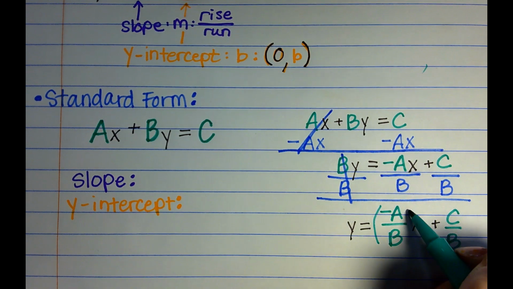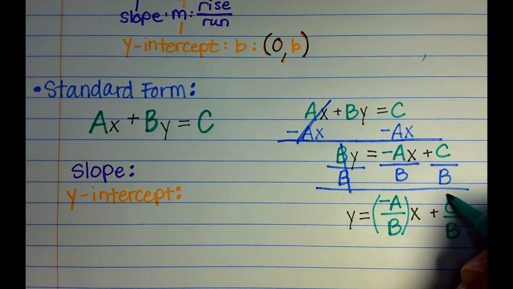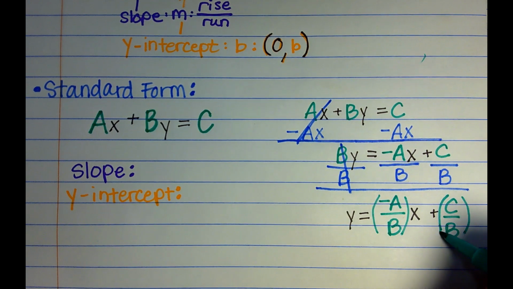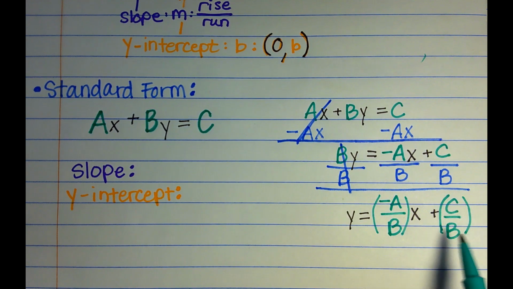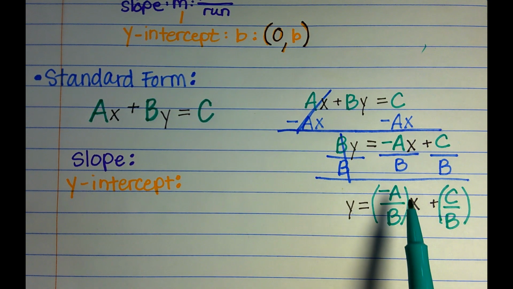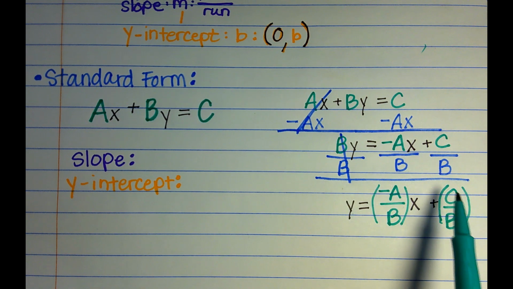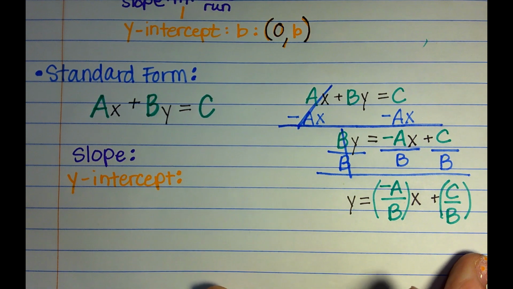So that negative a over b is like one number, it's just a fraction. And that c over b is also a number. It's just whatever c is divided by whatever b is. And look at that. Now we're in y equals mx plus b. It's just instead of an m, we have negative a over b. Instead of little b, we have big C over big B.